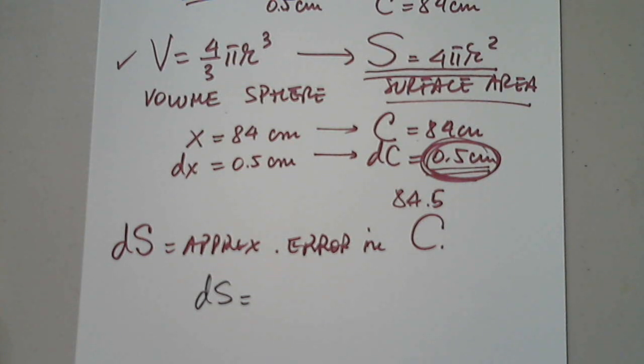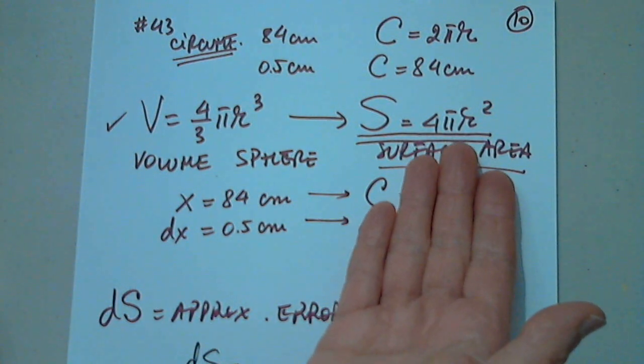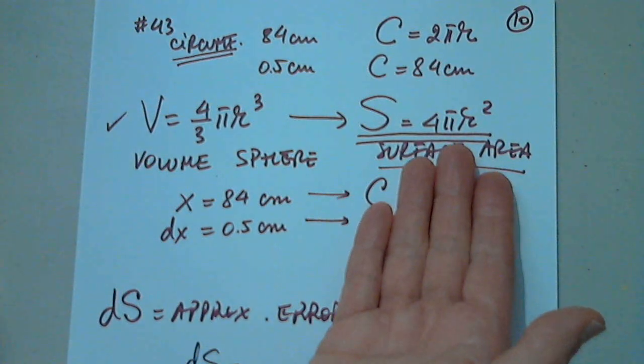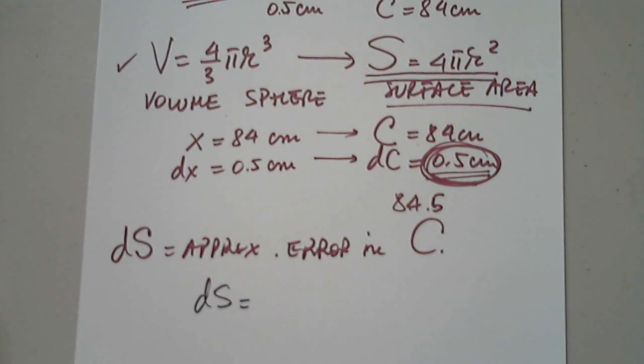Zoe, would you like to try? It's okay if you're wrong. Okay, Zoe is not with us. Let's say Brooke, are you with us? No, I am. I'm not sure. I mean, I'm sure that everyone can differentiate this function with respect to r and multiply by dr. Everyone can do that. There is absolutely not one person that cannot do that.